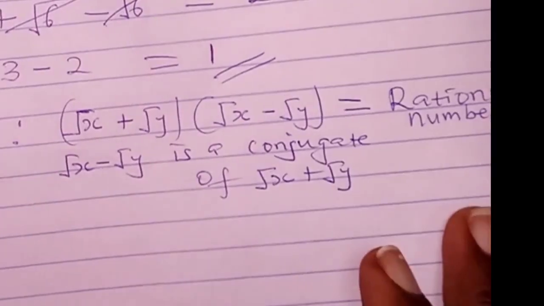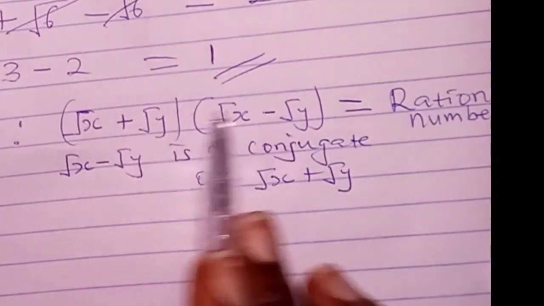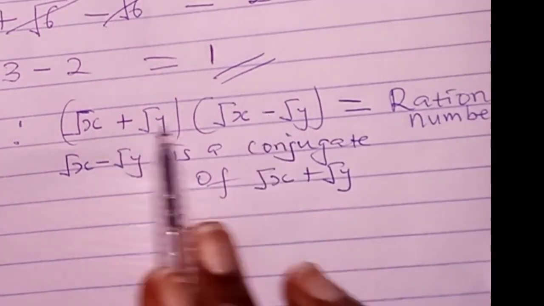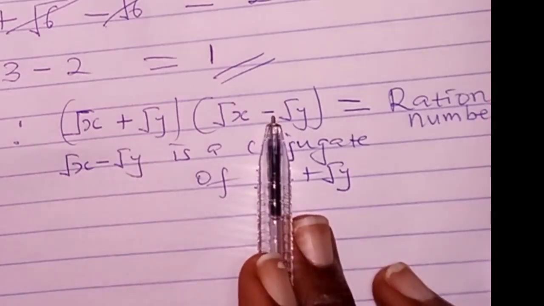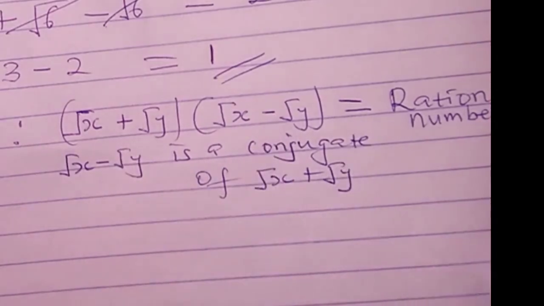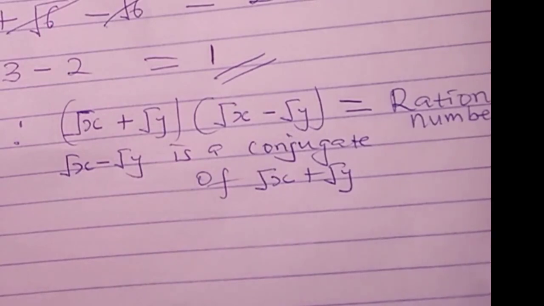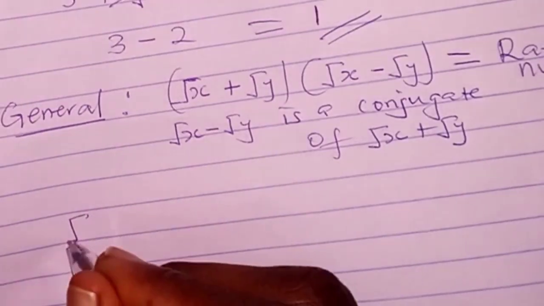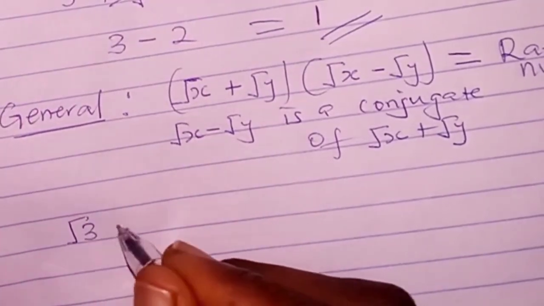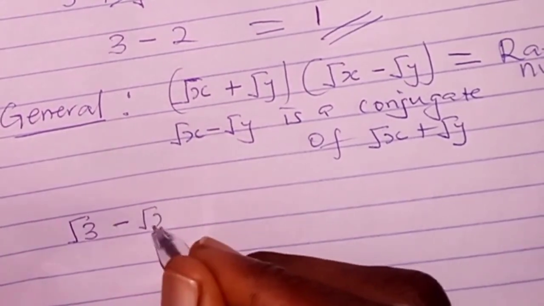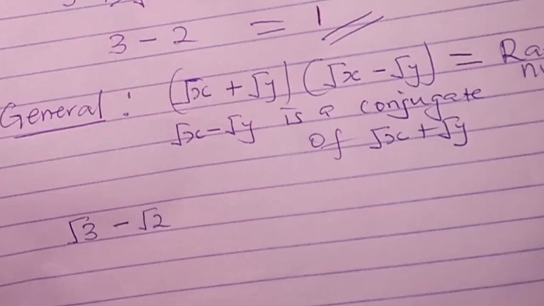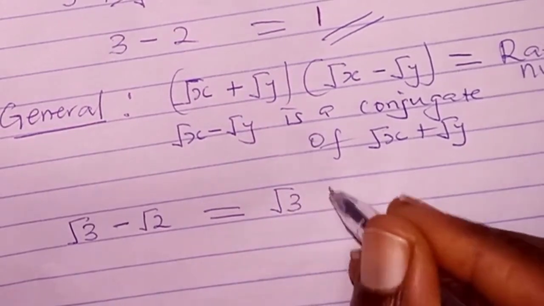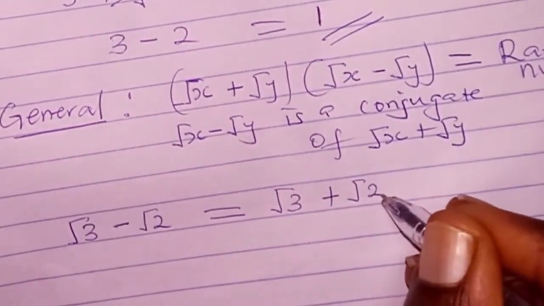Now, the only difference here is just the signs. Here you have a plus, a positive sign, and here you have a negative sign. That's the only difference between the conjugates. Now, what then is the conjugate of, let's say, root 3 minus root 2? The conjugate of this will be root 3 plus root 2.